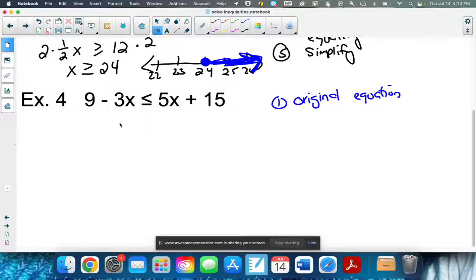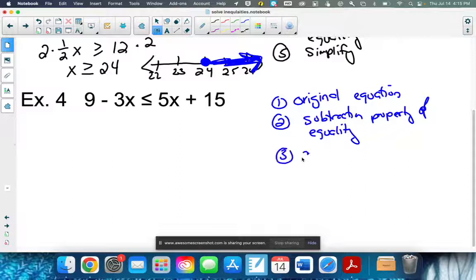All right, so I'm actually going to subtract 5 from both sides. And that means I'm going to combine like terms.